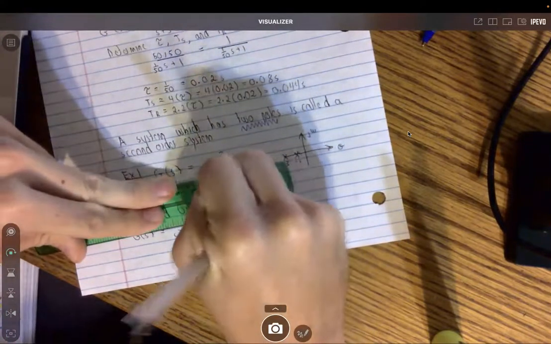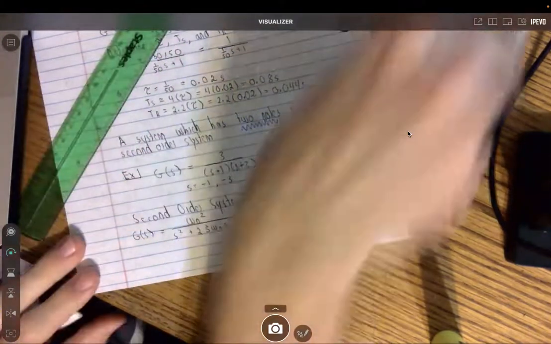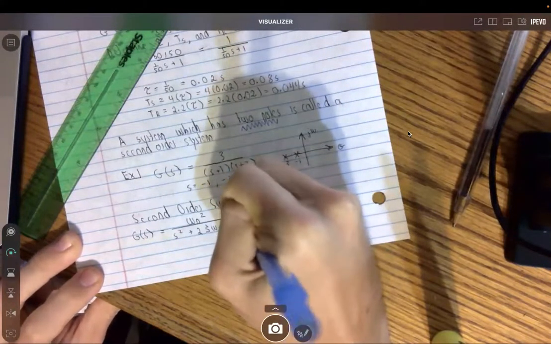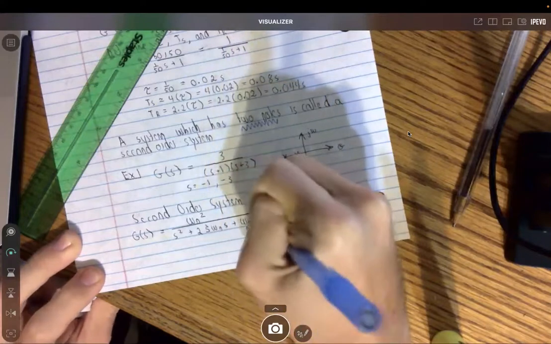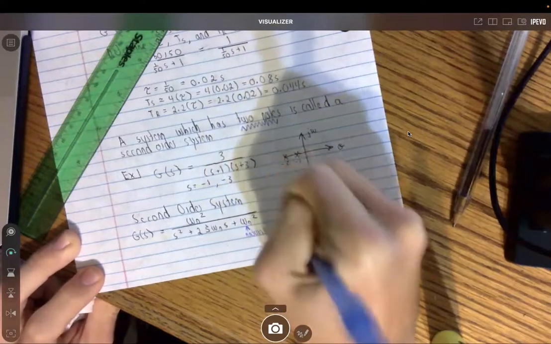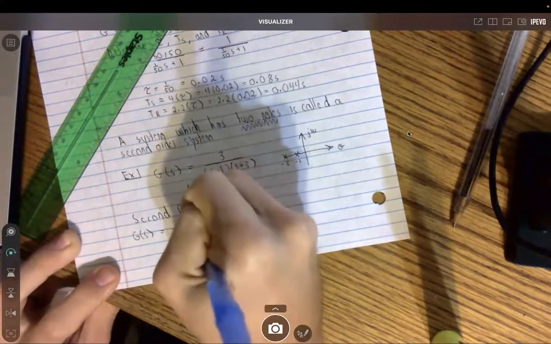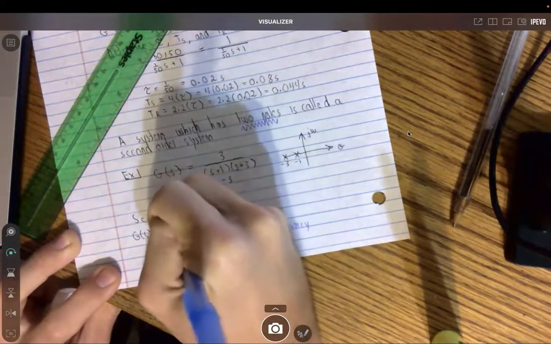Defining these terms, omega n is the natural frequency. Zeta here is our damping ratio.